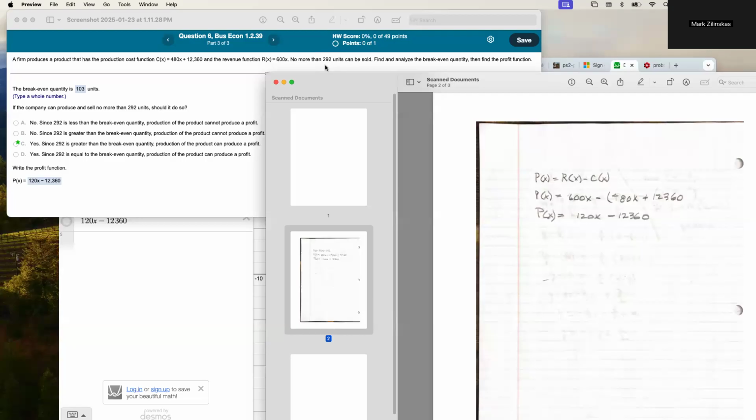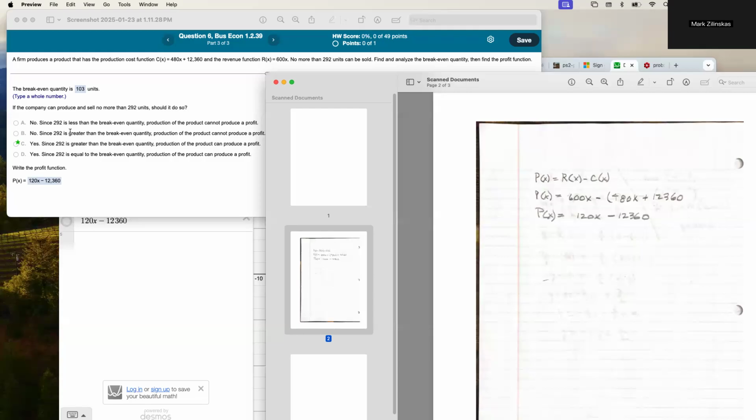And so what we want to do is go ahead and answer this question based on this multiple choice option here. It says, if the company can produce and sell no more than 292, should it do so? Okay, so that's where we're going, and the choices here, obviously, since 292 is less than the break even, in other words, if we sold all of the possible units we could, we're not even going to break even.